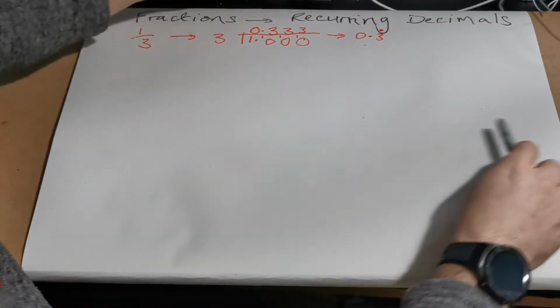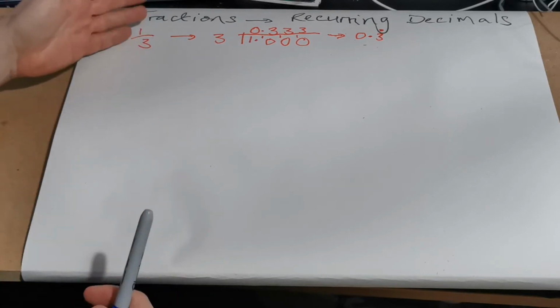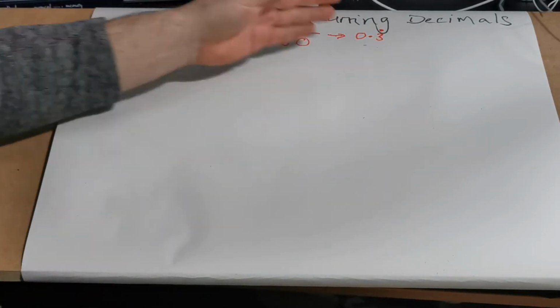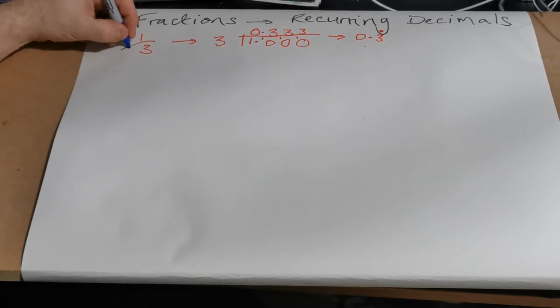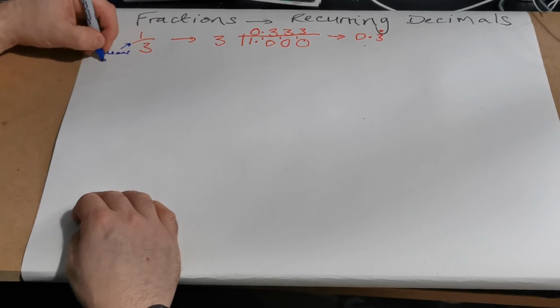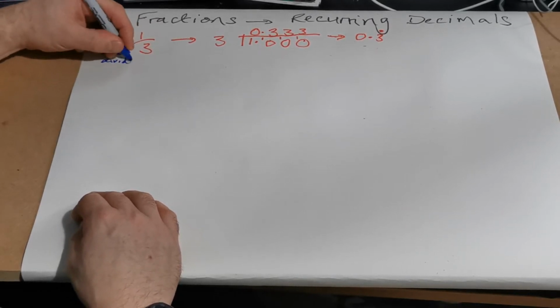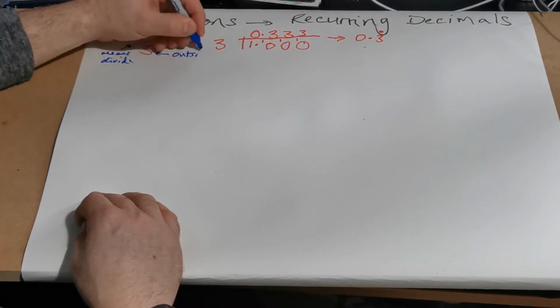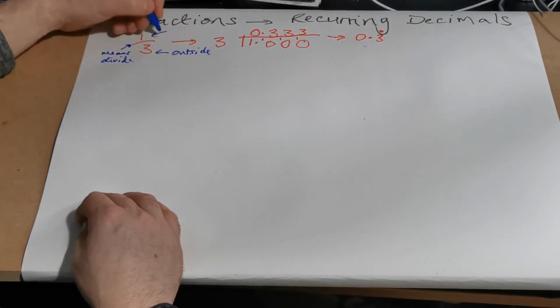And division is the key to creating a decimal from a fraction. We know that this means divide. And this goes outside, and this is inside.